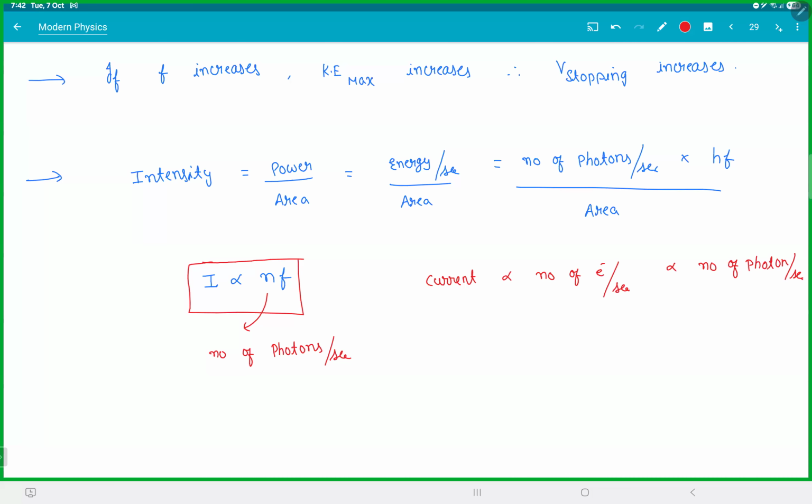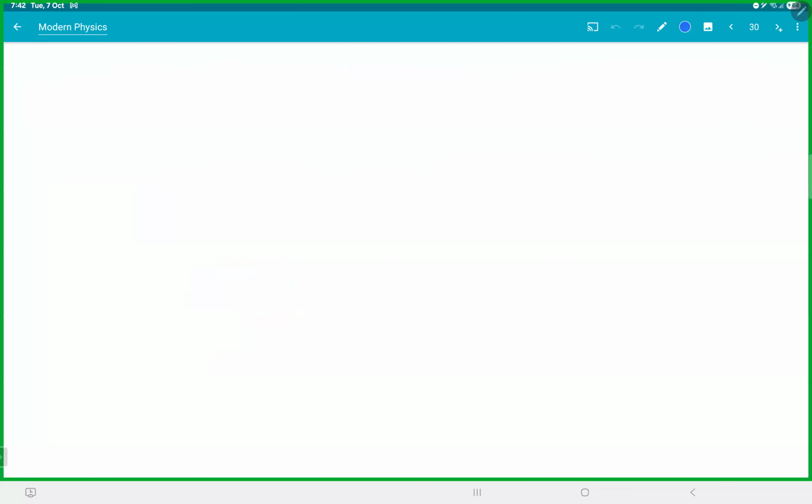So let me give you a rough analogy, a weird one. Let's say I am running a shop, right? And I have a weird policy in the shop. So I'm selling toys. The cost of one toy is 100 rupees. So in my shop now, this is the policy. You give anything less than 100, you won't get a toy, obviously. But if you give me anything more than 100 rupees, you will get a toy, but you won't get the change back.